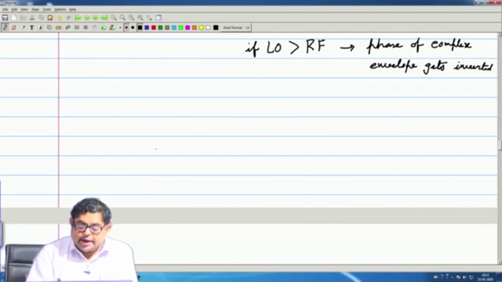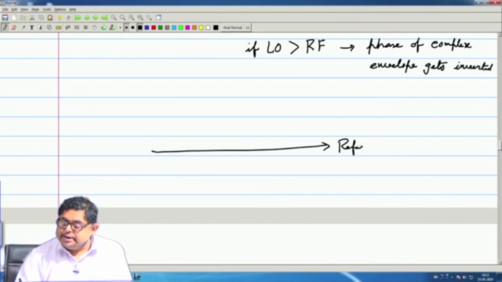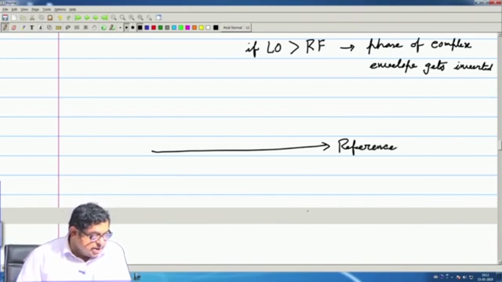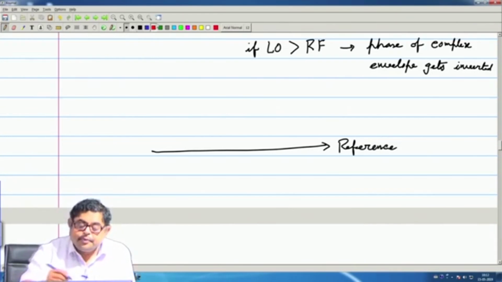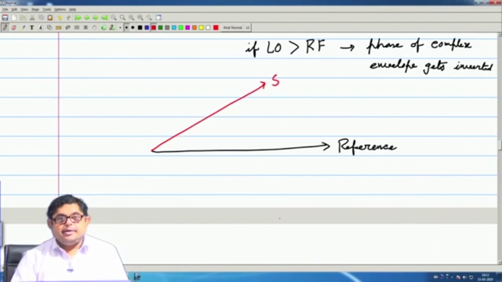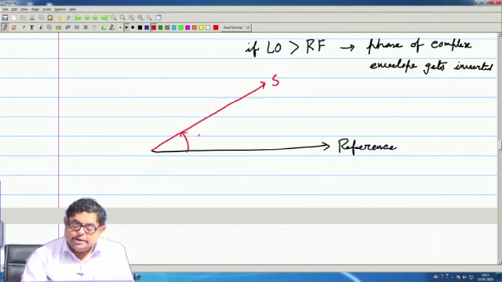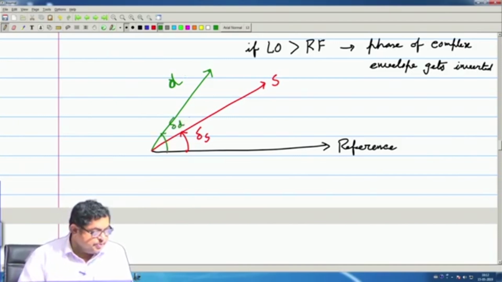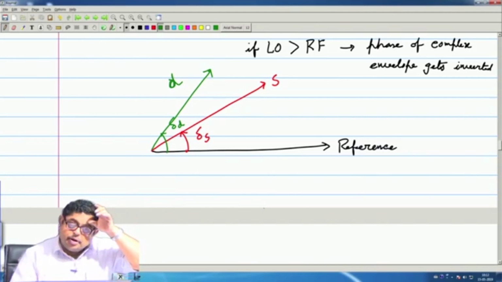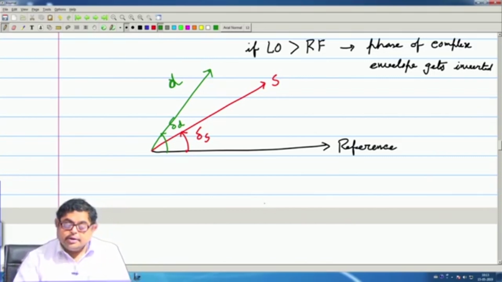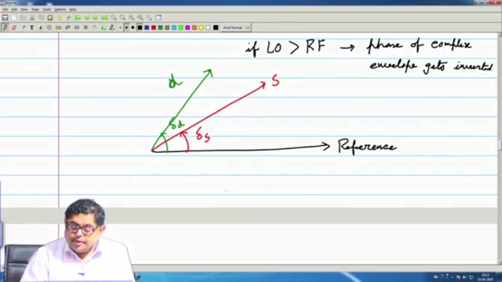Also, there is another thing. I will now take the help of a diagram. In the receiver, let us say the oscillator reference phase is like this, and in the phasor diagram the sum pattern has angle delta S. Let us say the difference pattern has angle delta D. When we form the ratio D by S, what is this phasor D by S?